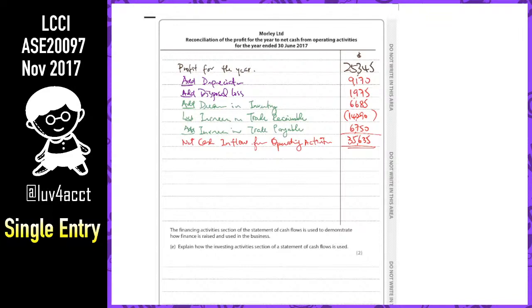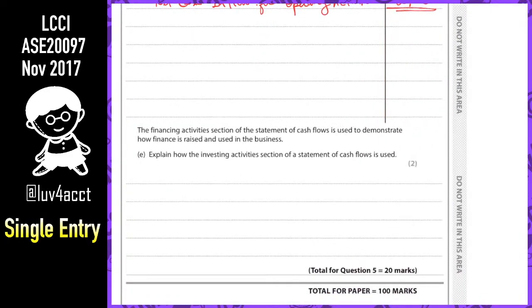Next, the financial activities section of the statement of cash flow is used to demonstrate how finance is raised and used in the business. Explain how the investing activities section of a statement of cash flow is used.